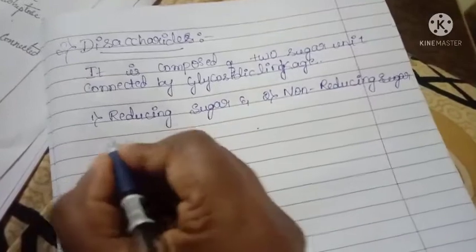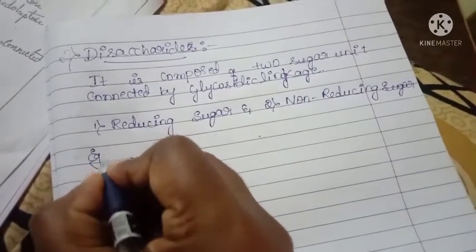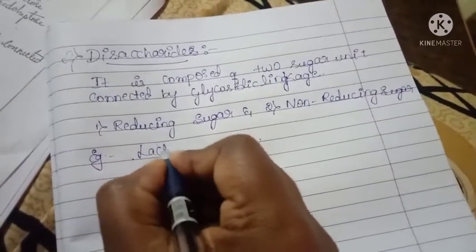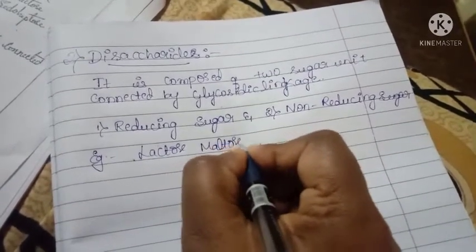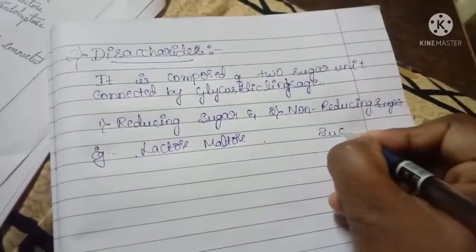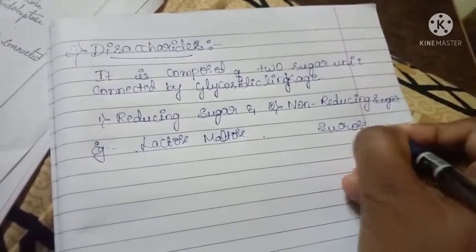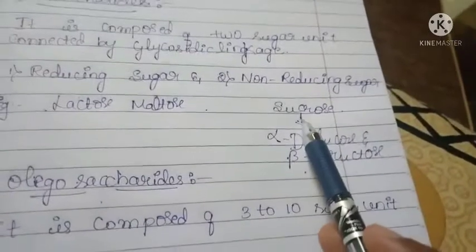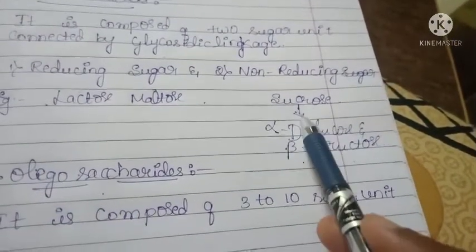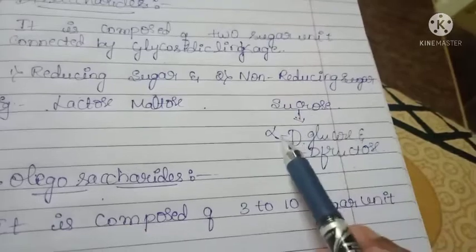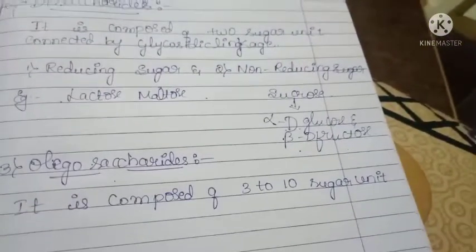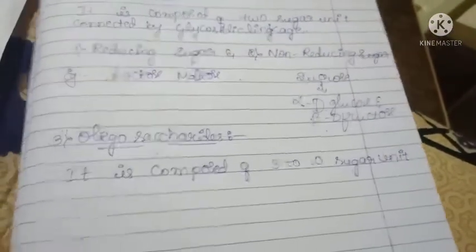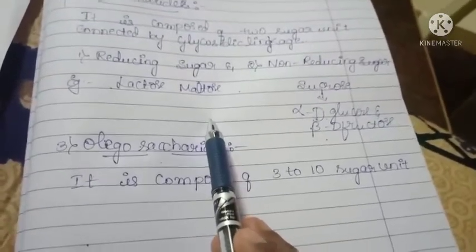Then examples are lactose, maltose, okay, sucrose, etc. Here sucrose upon hydrolysis gives alpha D glucose and beta D fructose. It means 1 molecule of alpha D glucose and 1 molecule of beta D fructose. This is all about the disaccharides.